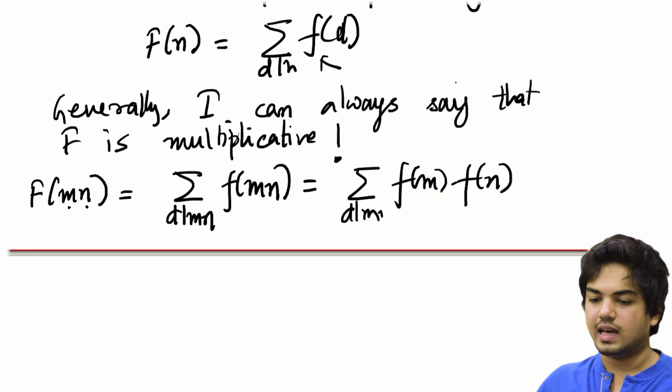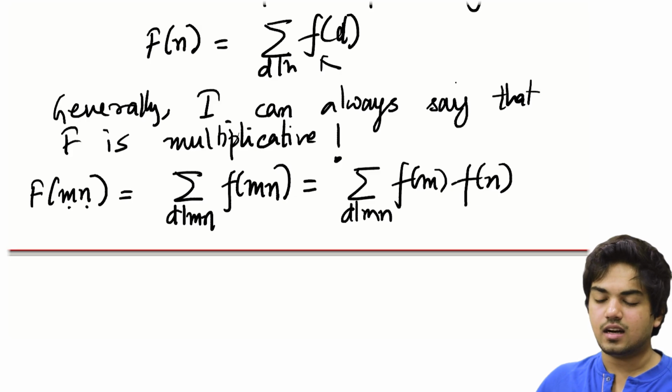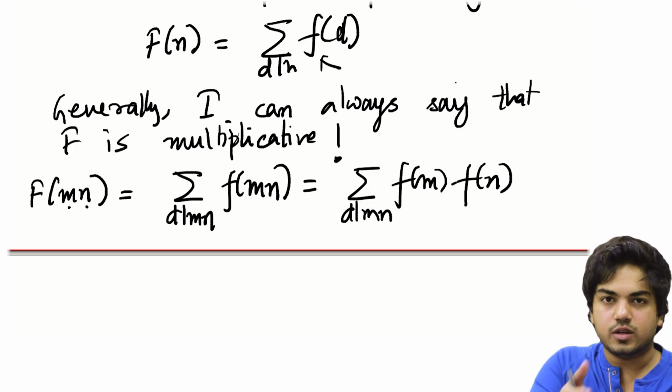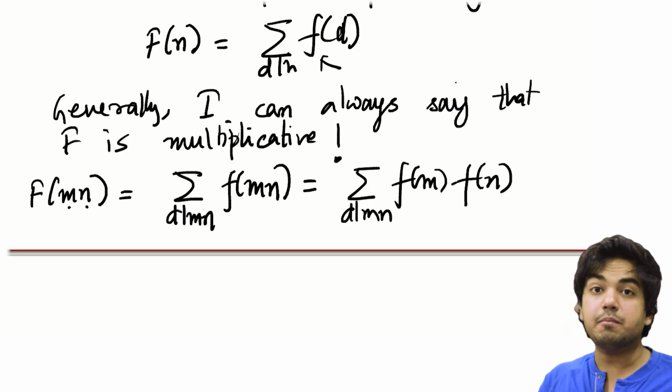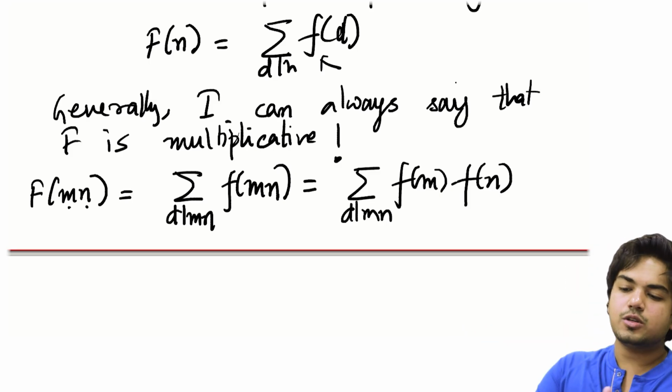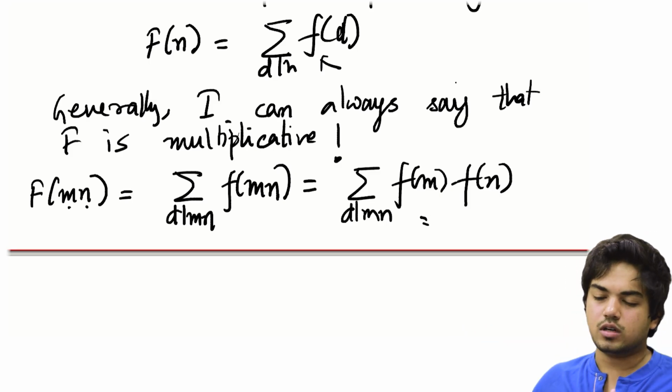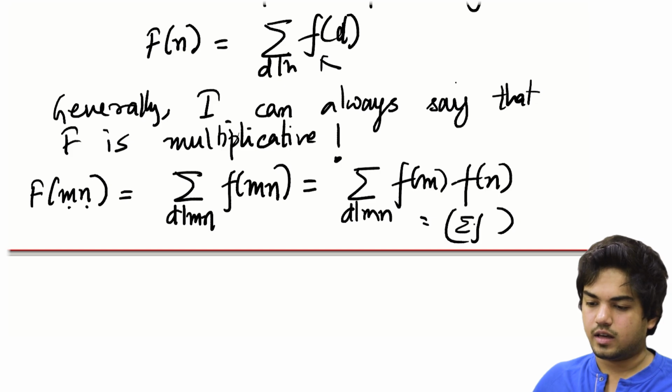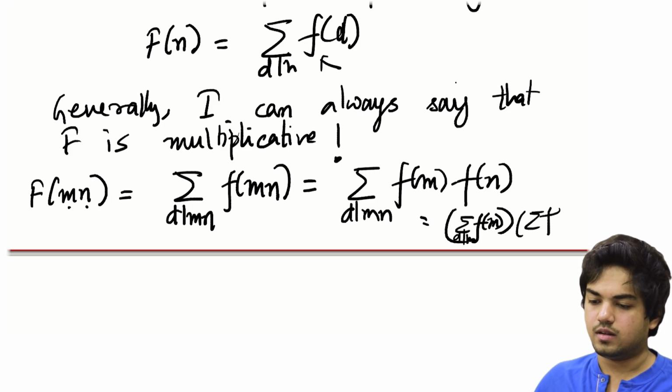And now the main trick is that a divisor d of mn just neatly splits into a divisor of m and a divisor of n because m and n are coprime. So you can write this as a product of sums: the sum of f of d over d dividing m, times the sum of f of d over d dividing n, which is just F of m times F of n.